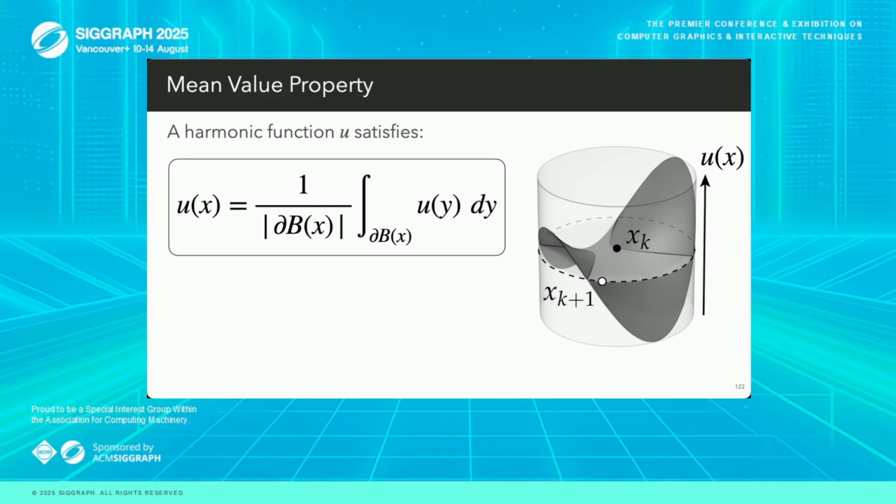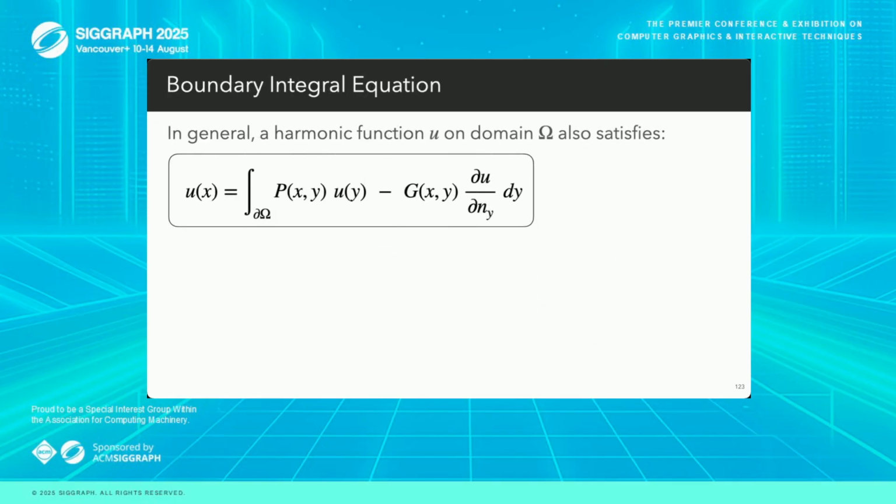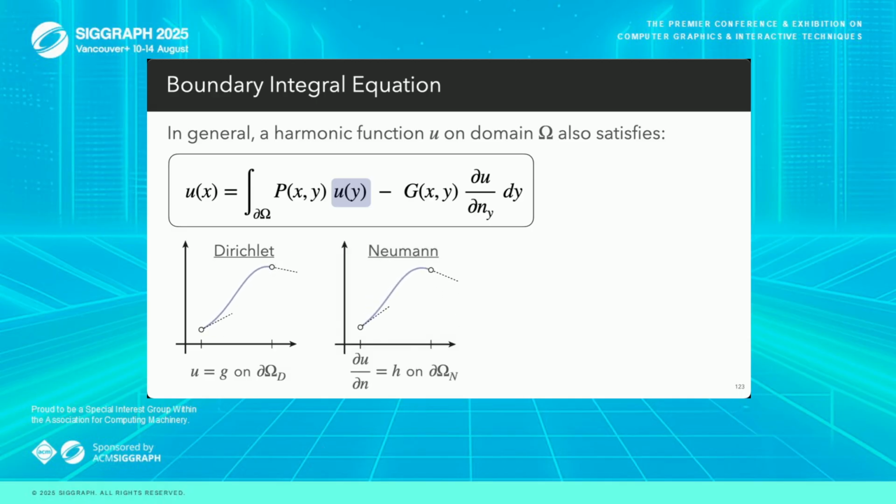In particular, we're going to consider a different integral formulation for harmonic functions, which is called the boundary integral equation. So much like the mean value property, we have the value u, the unknown solution, whose value is only known on the Dirichlet boundary. Now, this BIE also gives us a natural way to incorporate non-zero Neumann conditions, because as you can see, it includes the normal derivative of the solution, and we'll know this value on the Neumann boundary.